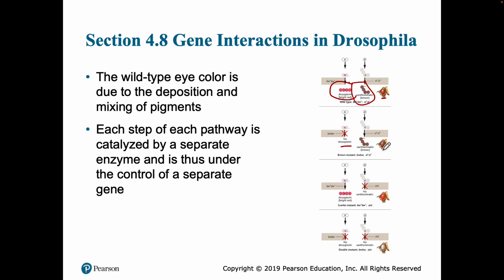If the red is not functional, then the eyes would be brown. So it doesn't really matter what the brown is doing as long as the red is functional. And then here, if red is functional and no brown, the eyes are still red. And they're kind of like different shades of red a little bit, but that's okay. They're still red. And then of course, if both of the genes are mutated, you have no color in the eyes.